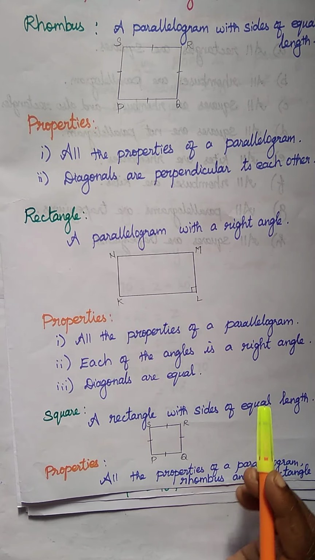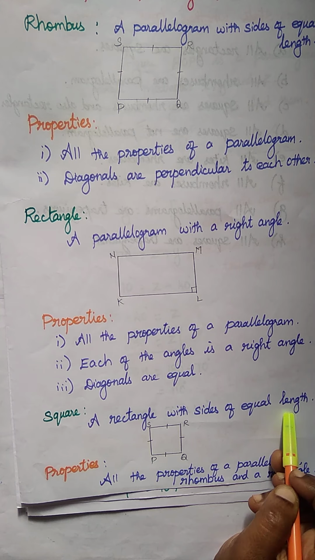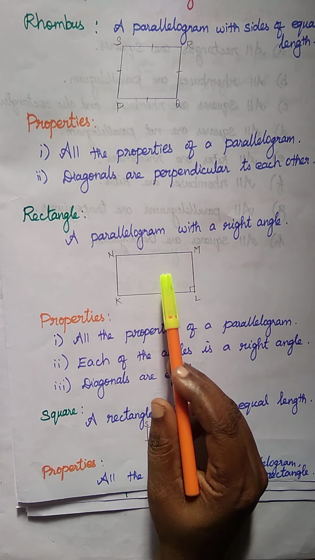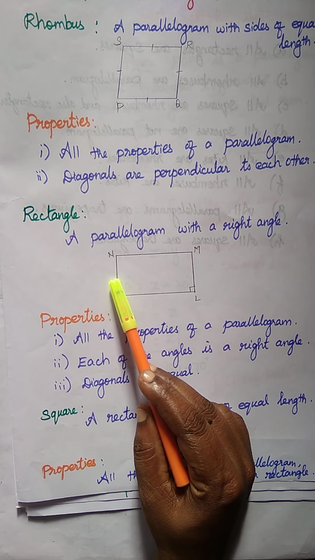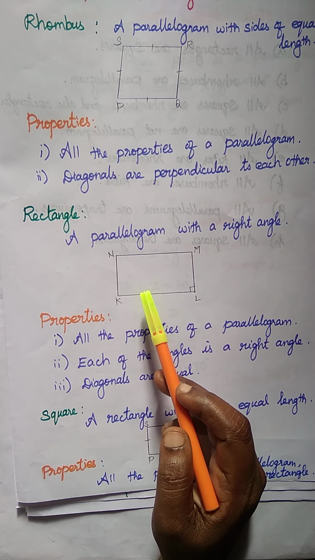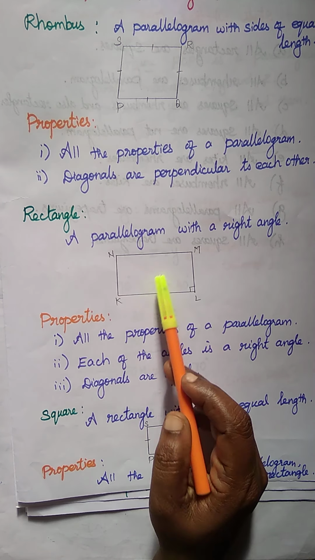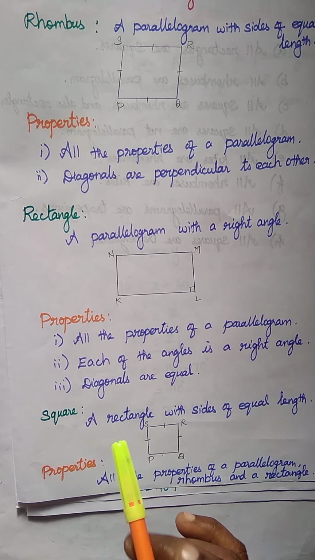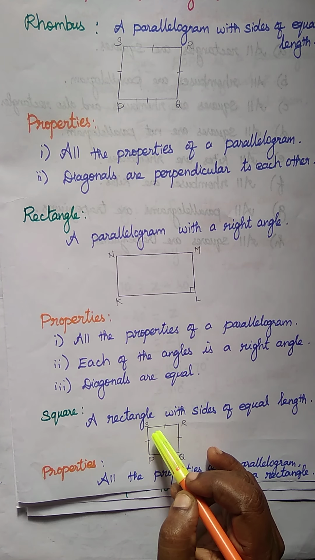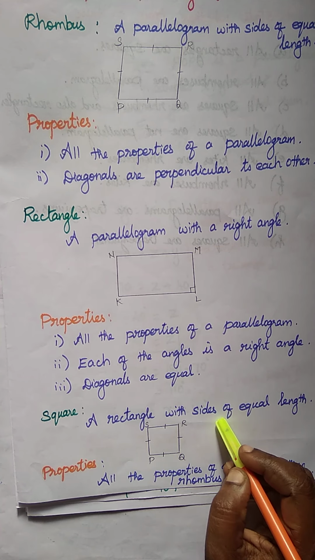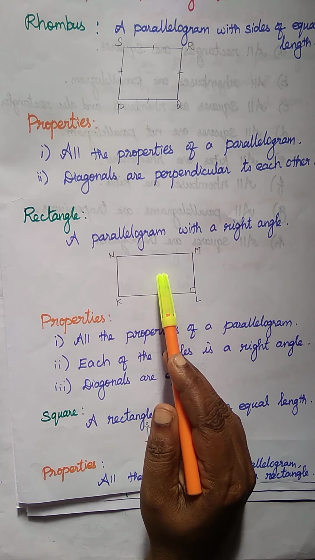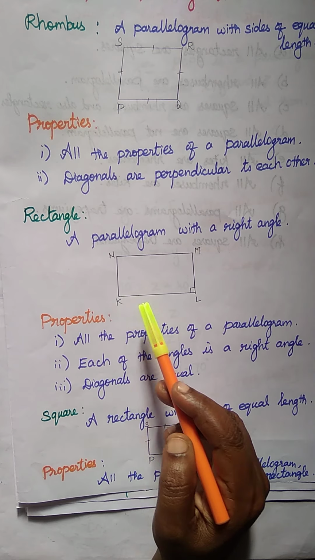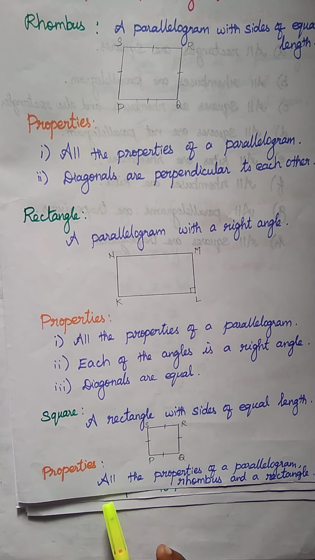Okay, next one, square. A rectangle with sides of equal length. In a rectangle, opposite sides are equal, the same as a parallelogram. But here, what is the definition of square? A rectangle with all sides of equal length. So in the rectangle, if all the sides are equal, that is called a square. What are the properties?